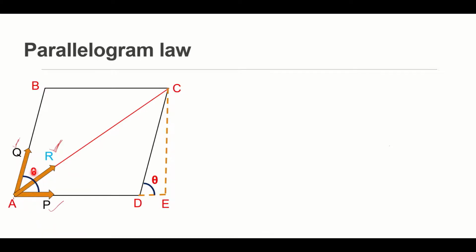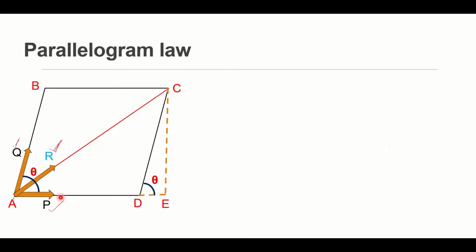If AB makes angle theta with a horizontal line, DC is parallel to AB, so DC also makes angle theta with the horizontal. That's why this angle and this angle are the same, theta. So ACE is a right angle triangle.